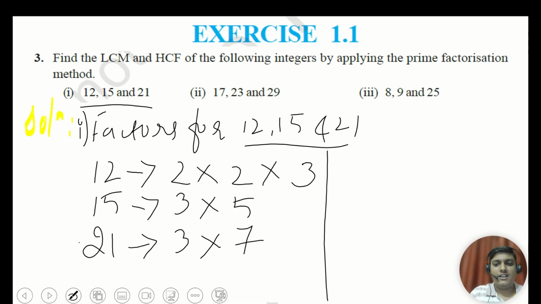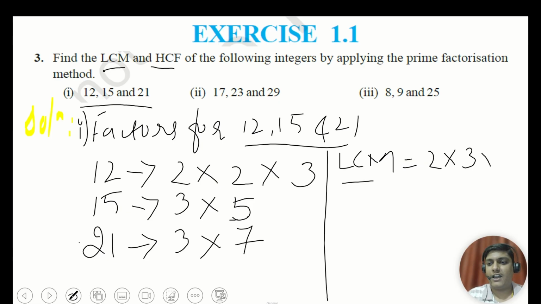Now I have to find LCM, then I have to find HCF. In the last class I gave the definitions and the shortcut for LCM and HCF. If you have not referred, please go and refer to the last video. For LCM, it is the product of all the prime factors. Here we have 2, 3, 5 and 7.